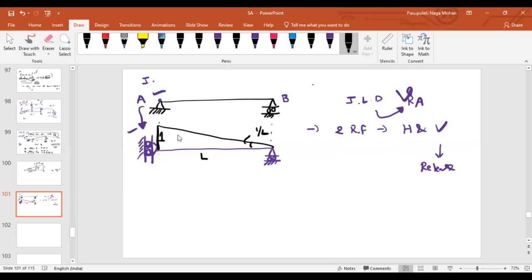Sir, how are we choosing the slope? What is the question? How are we choosing the location of the slope? Is it the opposite location of the point taken?